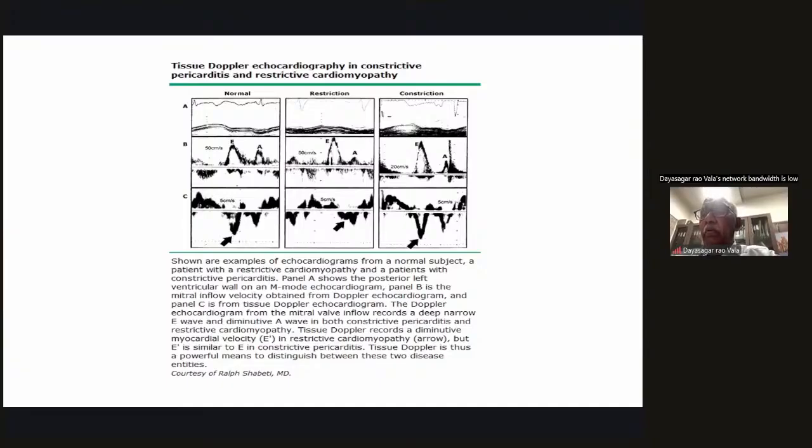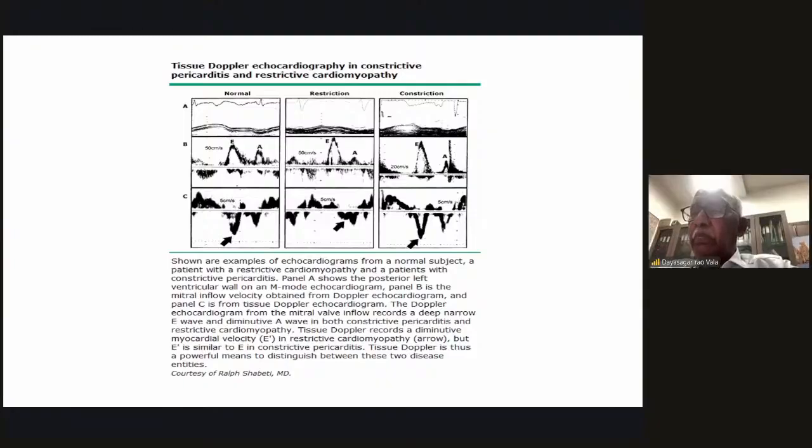Not only that, when you measure the E wave by tissue Doppler in the lateral as well as the medial part of the mitral annulus, normally the lateral E wave is much bigger than the medial tissue Doppler E wave.